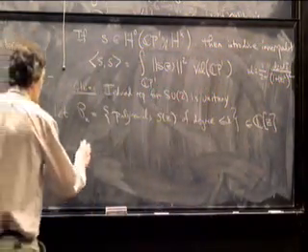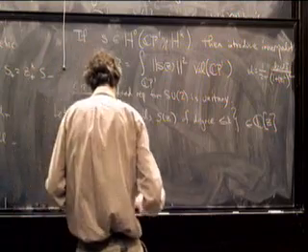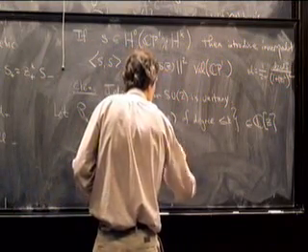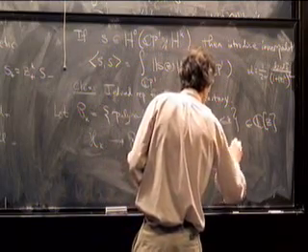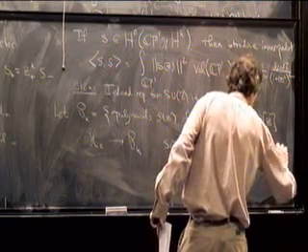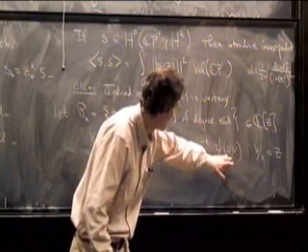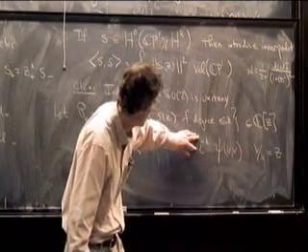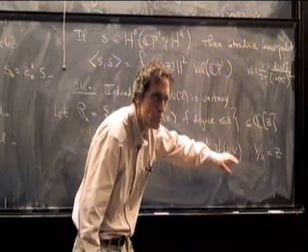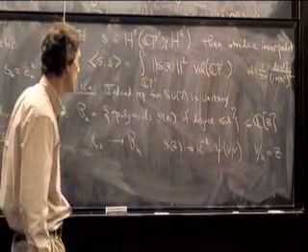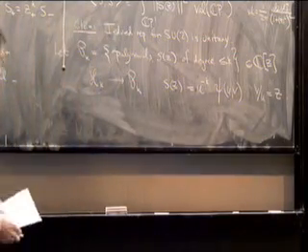I claim that there's a natural map from H_k to P_k, which is the following. You set s(z) equals u to the minus k psi(u, v), where you identify v over u as z. So you see psi(u, v) is a homogeneous polynomial of degree k. I can always divide by this u to the k, and I get various powers of v over u. And that gives me a polynomial in variable z of degree less than or equal to k.